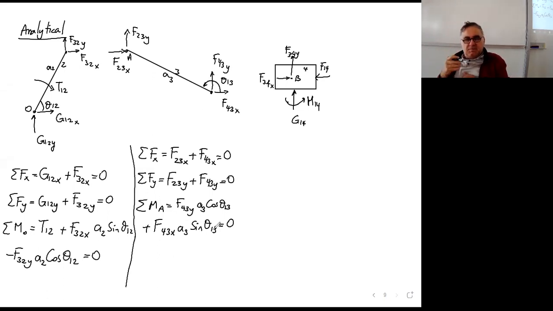Cosine and sines for an angle greater than 90 degrees. What is that going to be? Cosine is this. If you add 90 degrees to a cosine, what will you get?